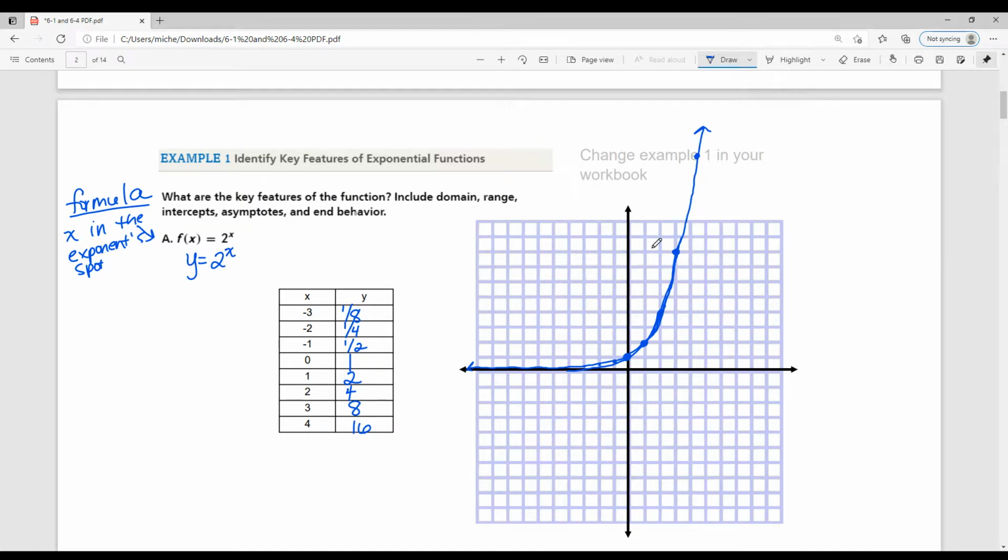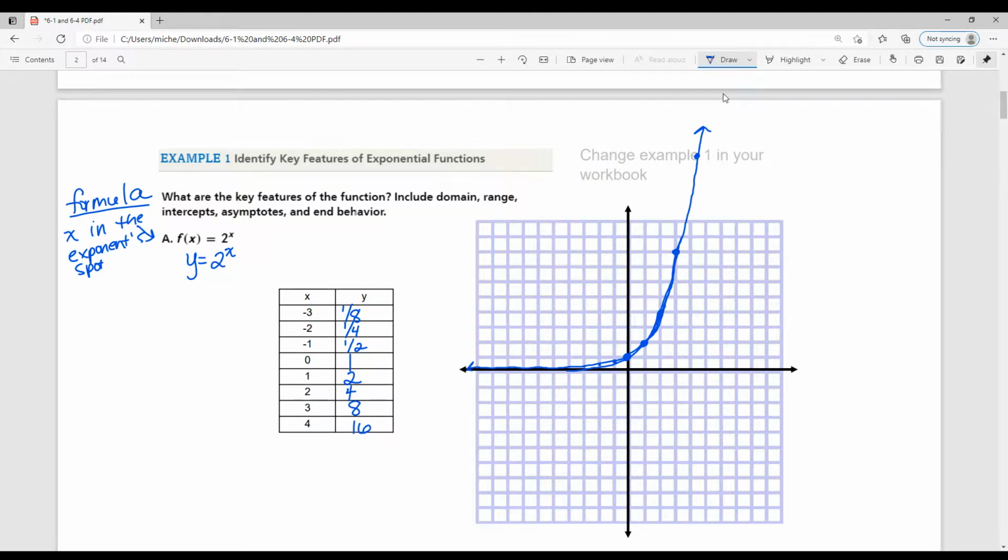So I plot these points, and I see that I have this nice curve that looks like it's really close to the x-axis. It actually never goes below the x-axis because there's nothing that x could be that would make y be a negative number. So the y values get really close to the x-axis, but they never touch 0.